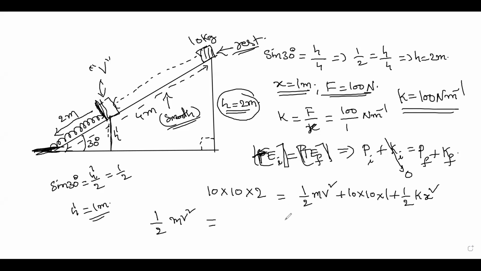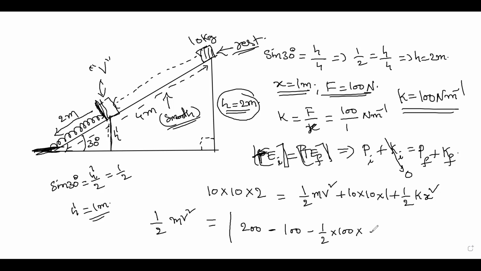If I plug in the terms, this problem is having some certain issue. But when you take it like a mod of differences, then you will get this idea. Then this is about 200 minus 100 minus half kx square. You plug in half k value is 100 Newton meter inverse into x square.